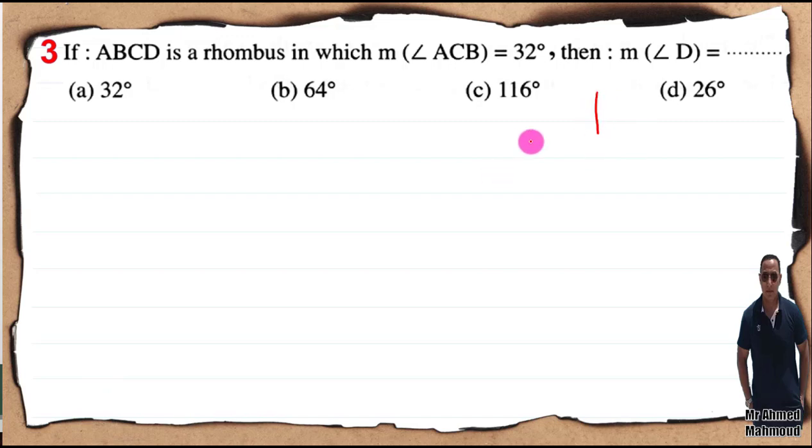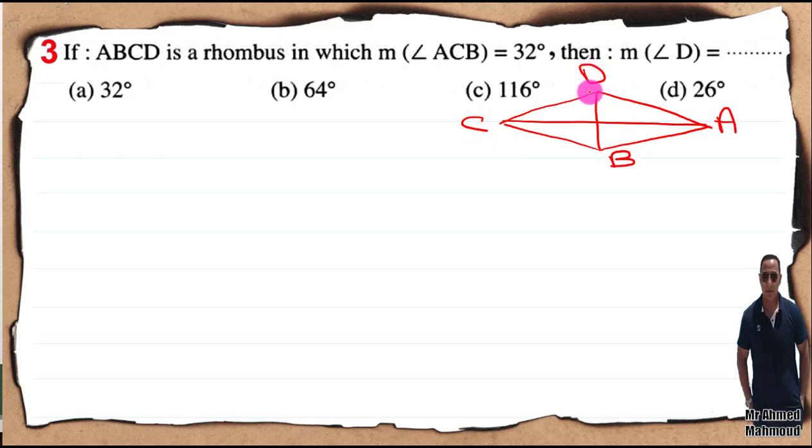Now I'm going to draw a rhombus like this: A, B, C, D. Angle ACB equals 32, so also angle ACD equals 32.